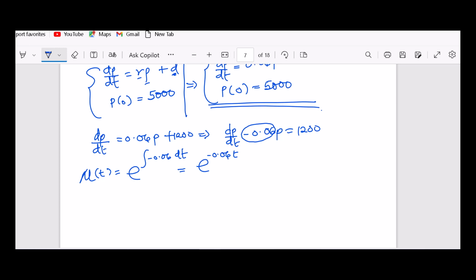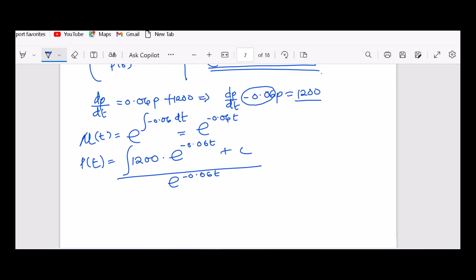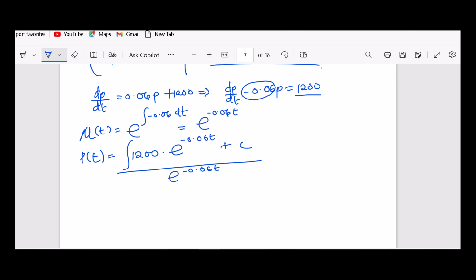We then use this integrating factor to find our P of t. P of t equals the integral of 1200 times the integrating factor, e to the power negative 0.06t, plus c, all over e to the power negative 0.06t.